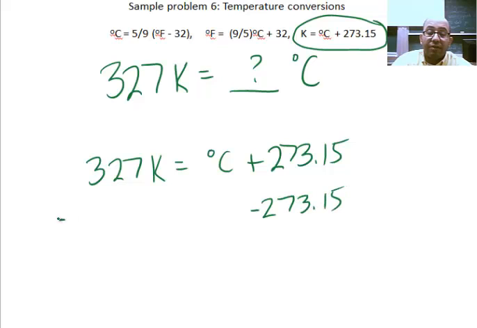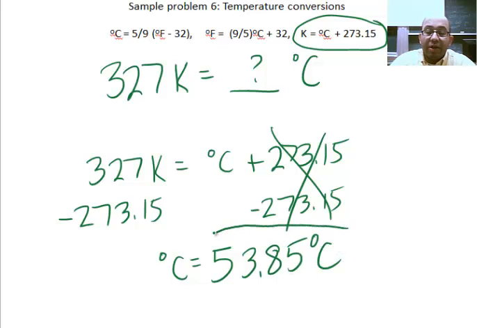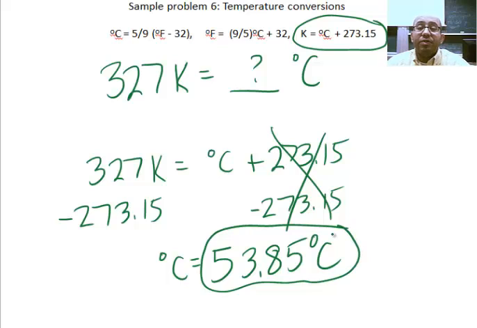I subtract 273.15 from both sides, and this obviously goes to 0. And after using my calculator, I determined that the answer was 53.85 degrees Celsius. And you have to always write the unit on the right side.